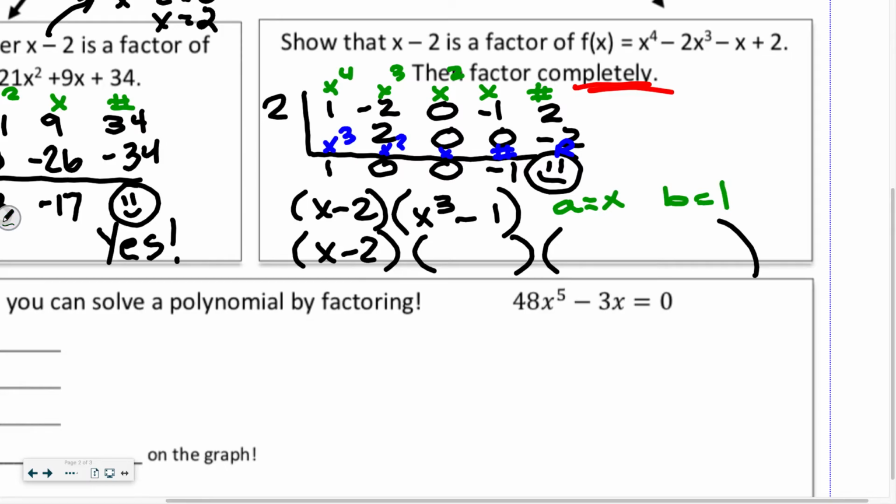And then we follow the rule for the difference of perfect cubes, and we're going to use SOAP. So what's in the first binomial? X minus 1. A minus b. Same sign as what's in the problem. What's the first term in the trinomial? X squared.